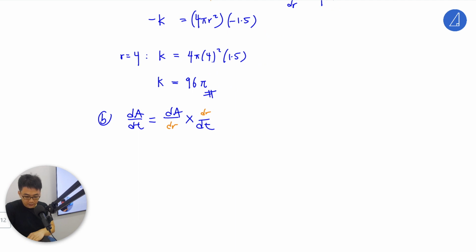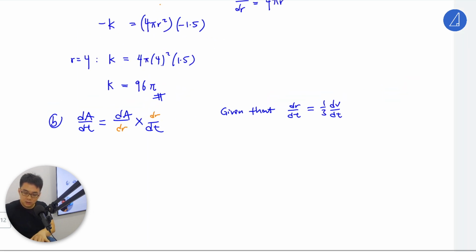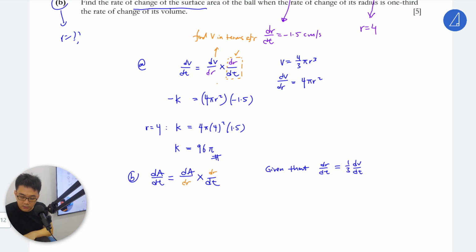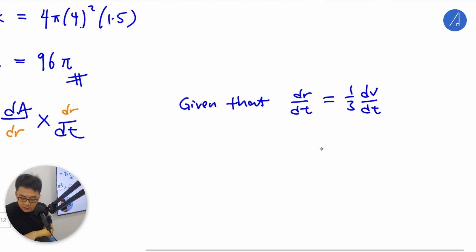We are told that dr/dt is a third of dV/dt. The volume dV/dt is negative, so this is negative 96 pi. Agree?